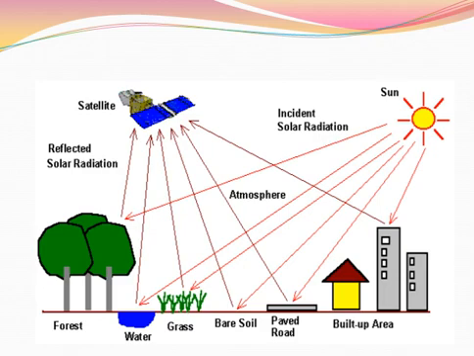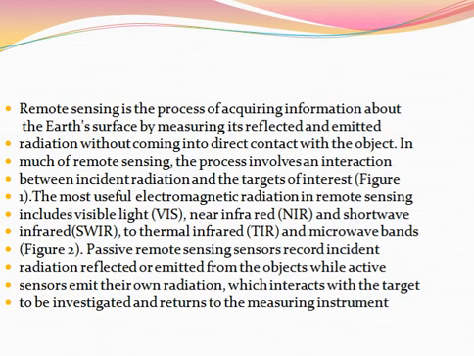The most useful electromagnetic radiation used in remote sensing includes visible light, that is VIS, near infrared, that is NIR, and short wave infrared, that is SWIR, to the thermal infrared TIR, and microwave bands.